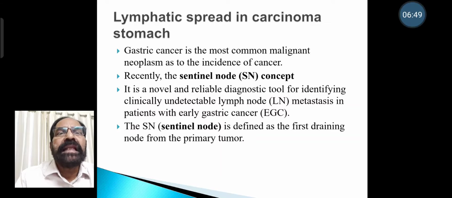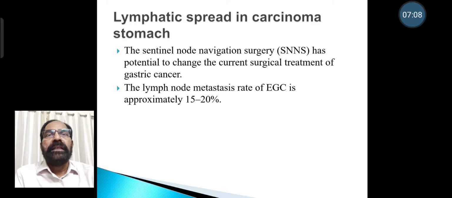It is a novel and reliable diagnostic tool for identifying clinically undetectable lymph node metastasis in patients with early gastric cancer. Sentinel node is defined as the first draining node from the primary tumor. The sentinel node navigation surgery has potential to change the current surgical treatment of the gastric cancer.